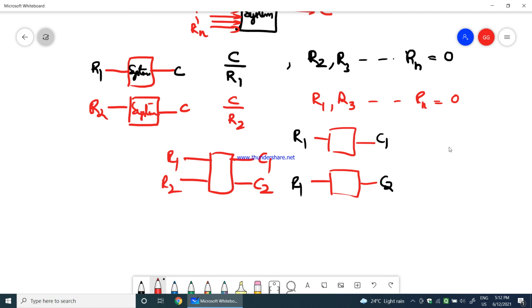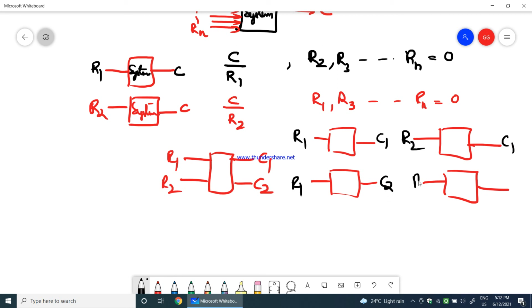Then you take R2, C1 and R2, C2. So you get 4 transfer functions if you have multiple inputs and multiple outputs. Here I have 2 cross 2, so you get 4 different transfer functions. If I have more than 2 inputs and more than 2 outputs, every input should be considered with every output, and you take the transfer function for the individual combinations.